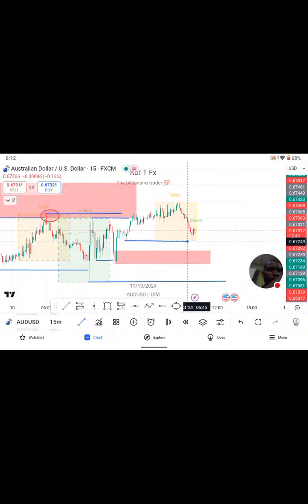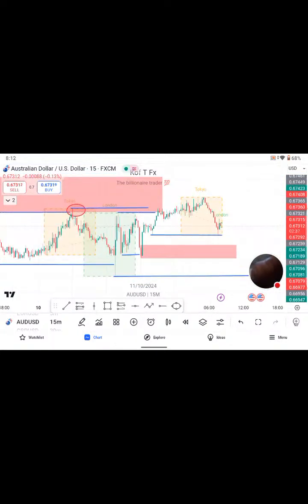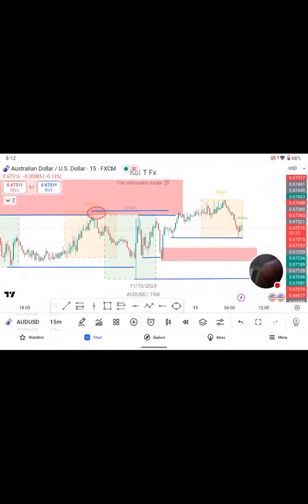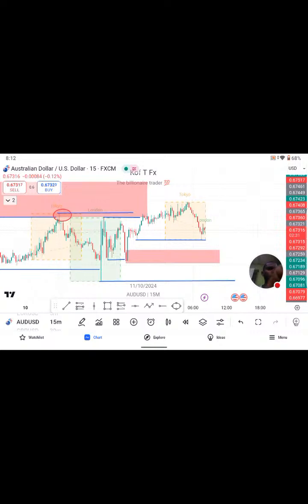Inducements and FVG before the POI. So I'm expecting a kind of reaction from that zone, but I don't have what I'm looking out for on this pair. So as a result of that, I'm not taking a trade on AUD USD as well.